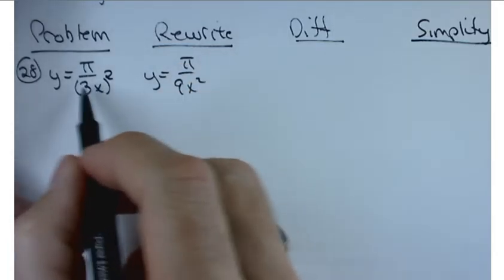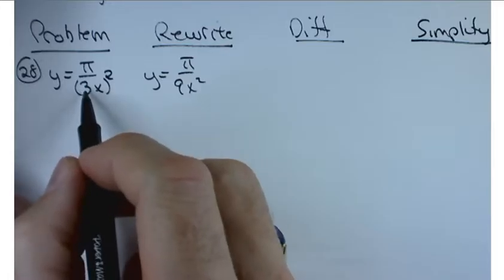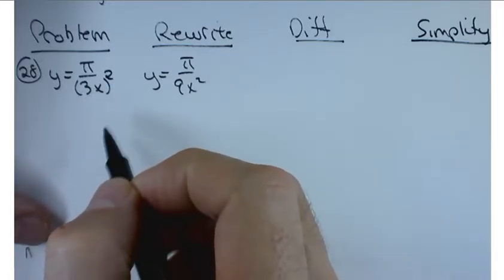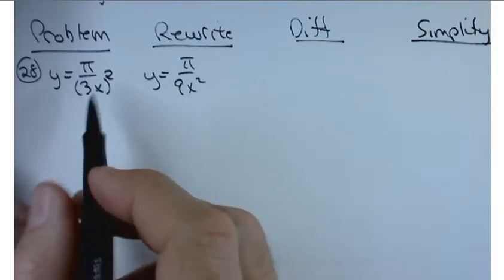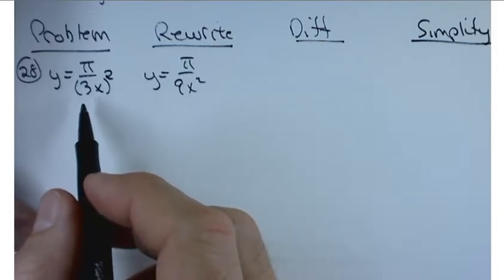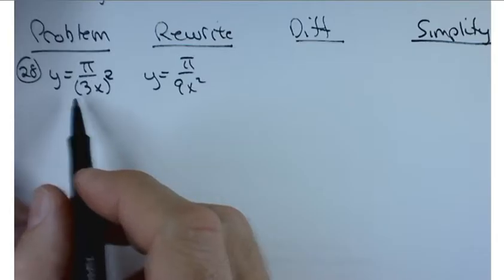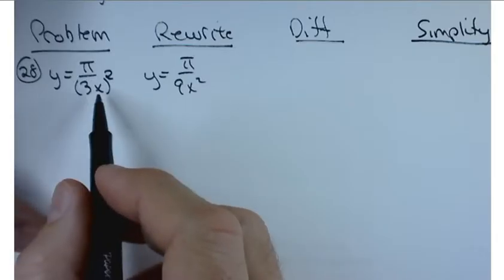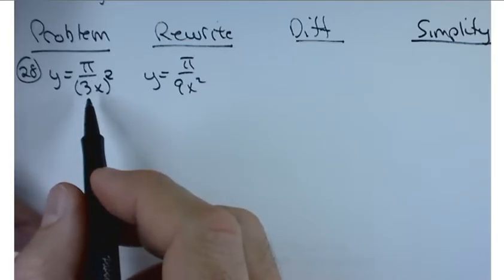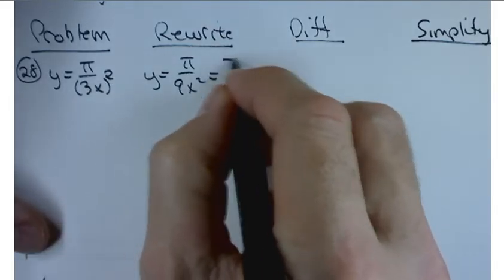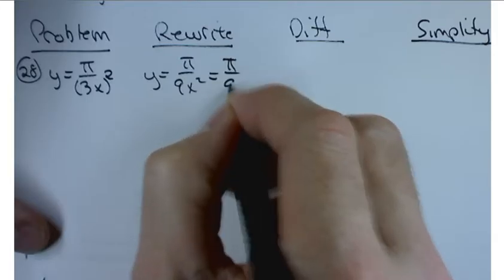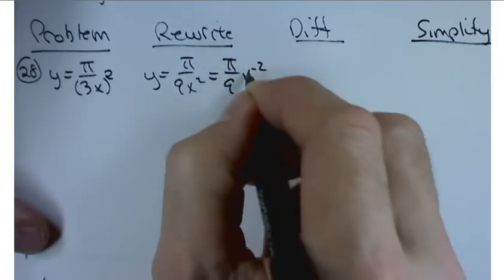It's not just the x that's getting squared, it's the 3 that's getting squared. If I wanted the x squared and just the x squared, how would I have written this differently? Yeah, I'd write it without parentheses, right? All right. So be careful that you square this. And I'll further rewrite that as pi over 9 times x to the negative second.